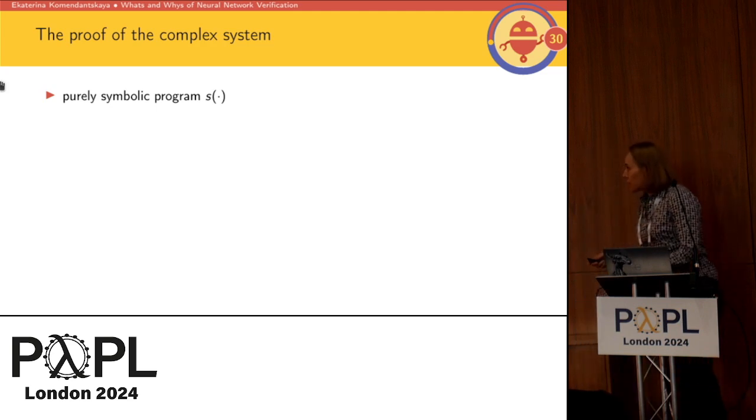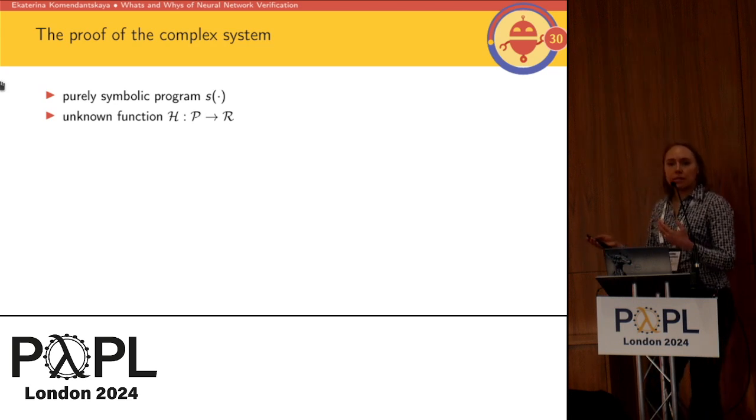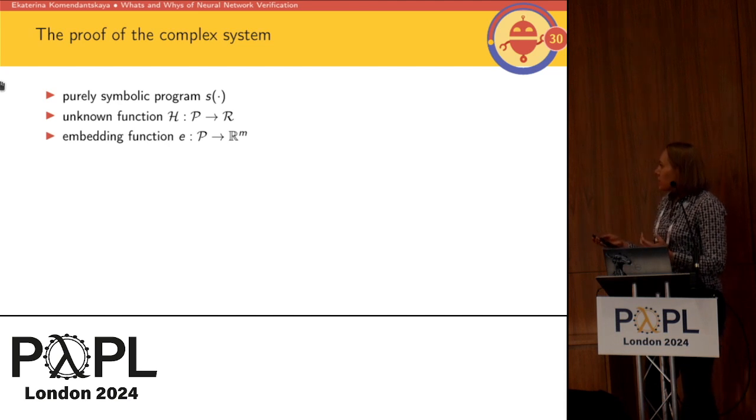Suppose you have a purely symbolic program S, and you have in it some unknown functions. So let's think that this unknown function recognizes images or recognizes intruders. This is where we want the neural network to act. And we are now building towards having this neural network.